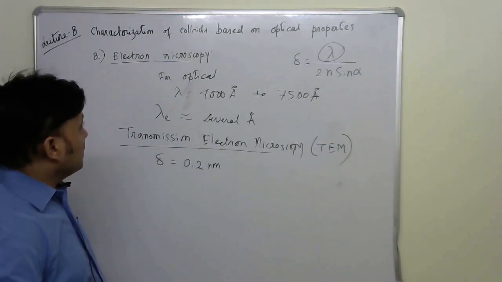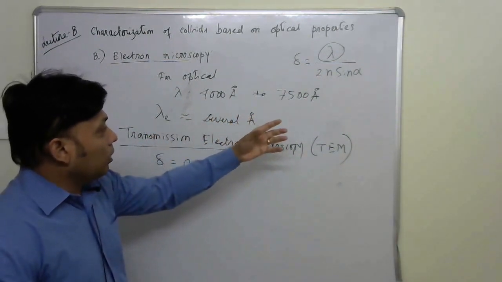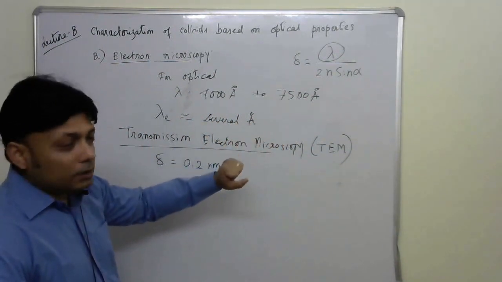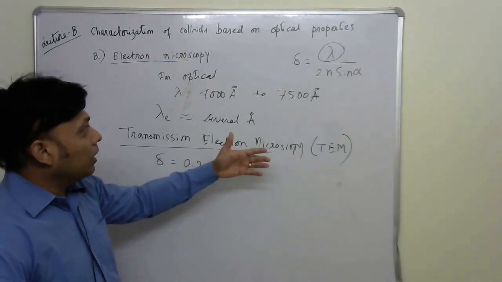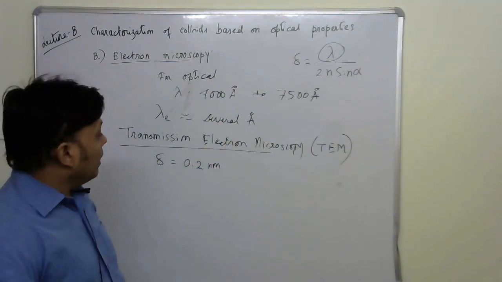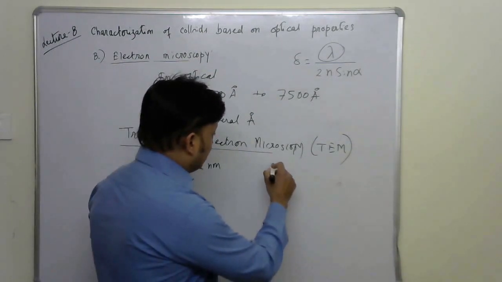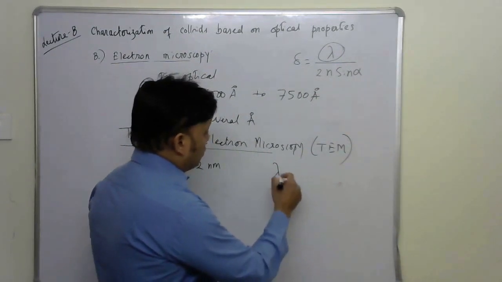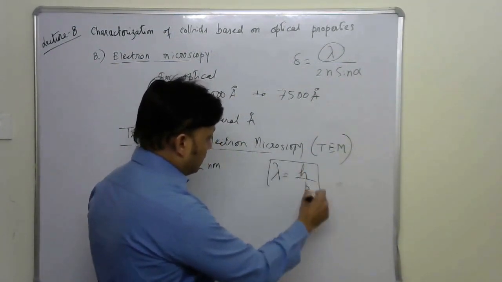Now the thing is, remember that although electrons in general we understand as particles, after the work of Louis de Broglie, we have seen that the electron has wave-like properties. So the wavelength of the electron can be expressed by this equation.